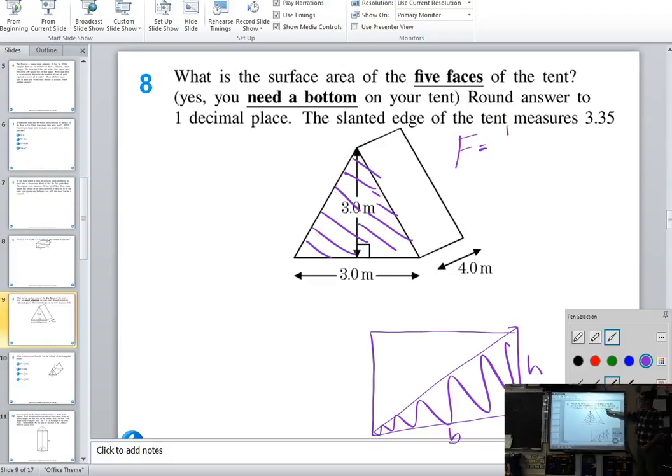So it's half of the base times the height, because triangles are half of a rectangle. So this becomes half. My base and height have to be what with each other? Perpendicular. So this tells me my base and height are both 3, actually. Half of 3 times 3 is 4.5.